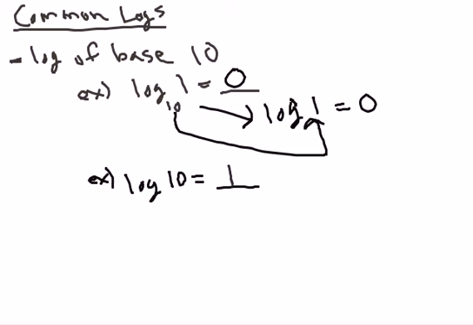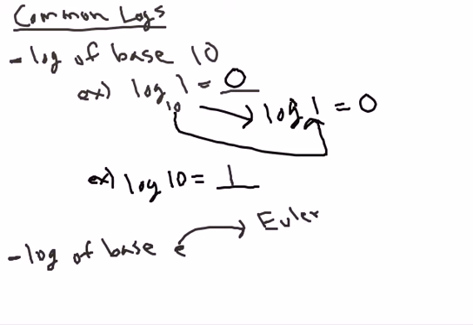The other most common logarithm base is when you are talking about the natural logarithm, which if you compare to exponents, you will see the base of e. So log of base e, e being Euler's number, and just as a side note, this is pronounced Euler, not Euler.